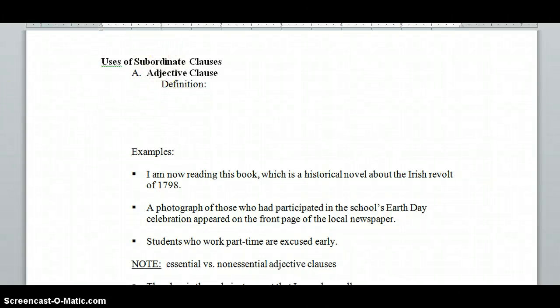Now this video is going to go more into the jobs that subordinate clauses can do. One of the jobs is they can be adjectives. And so this is going to be a subordinate clause acting like an adjective.